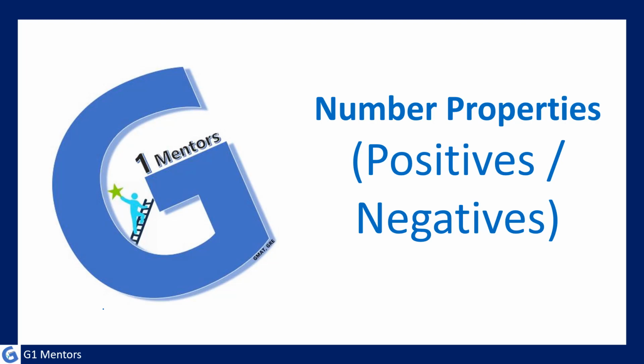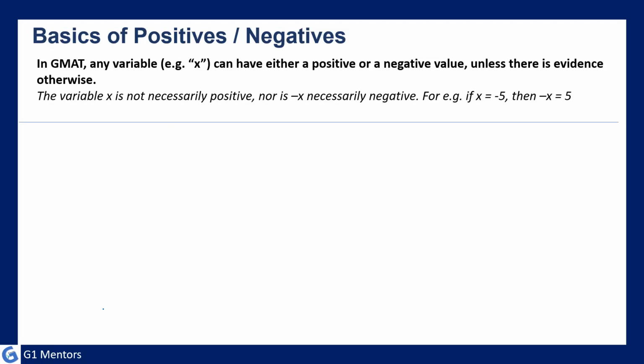So let's get started. First, the basic of positive and negative is that in GMAT, any variable x can have either a positive or a negative value. For example, in a question, if it is given about x, you can't consider that it's only positive unless any evidence is given.